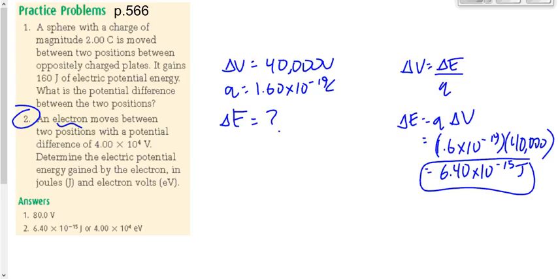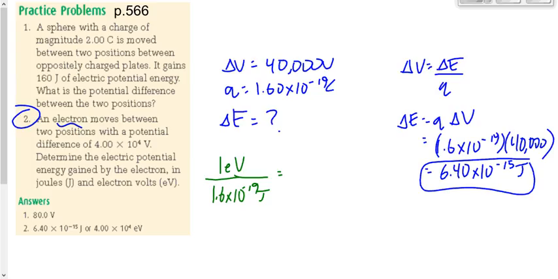Whenever we're using this equation, we're going to get an answer in standard units, which is joules, not in electron volts. But in this case, at least, we have to convert it to electron volts. So, we're going to say from our data sheet that 1 electron volt is equal to 1.6 times 10 to the minus 19 joules. Find that on your data sheet. If you haven't looked already, go to your data sheet and find where it says 1 eV equals 1.6 times 10 to the minus 19 joules.